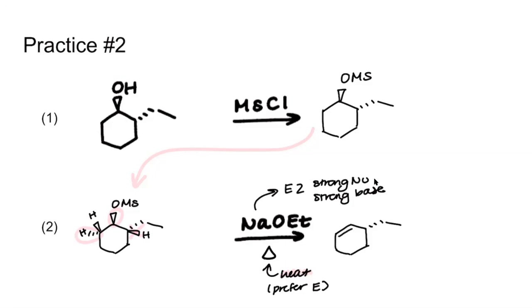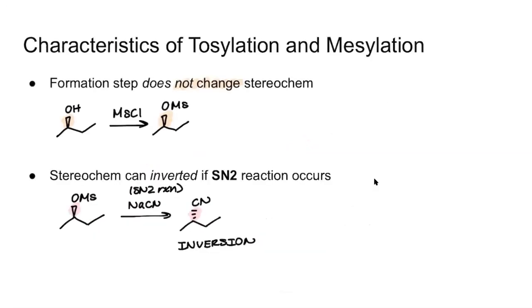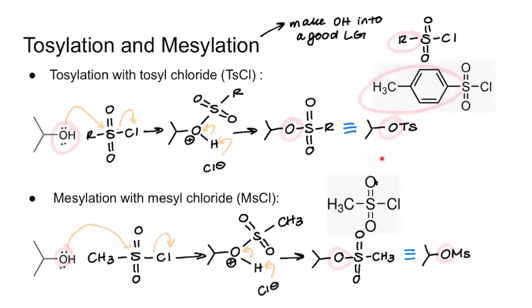Does anyone have questions? For tosylation and mesylation, does it always occur in 2 reactions instead of 1? So no, mesylation and tosylation are just going to occur by this mechanism, which you can imagine as one reaction.